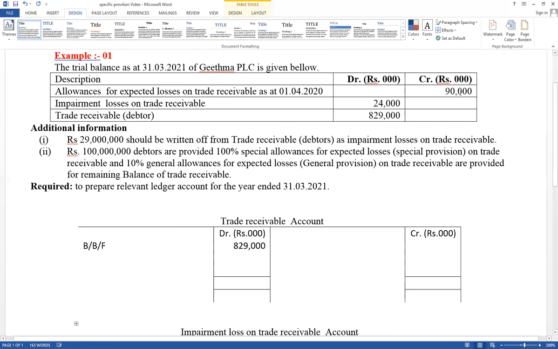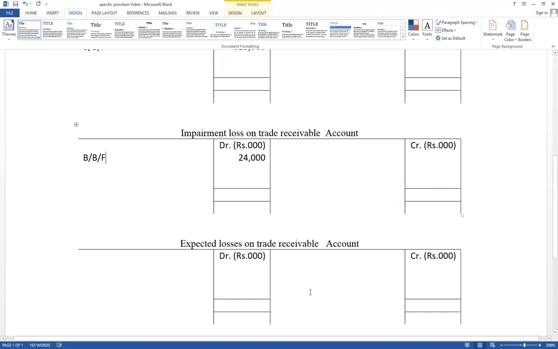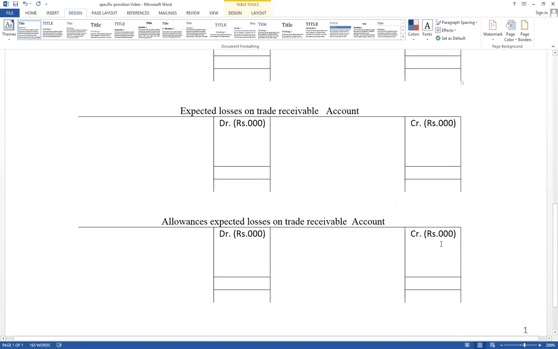It has given the opening balance 90,000. That value also should be included as a balance brought forward. Allowances for expected losses is also an asset account, but we can see a credit balance. The reason is the effect for an asset decrease, therefore as a balance brought forward on the credit side.